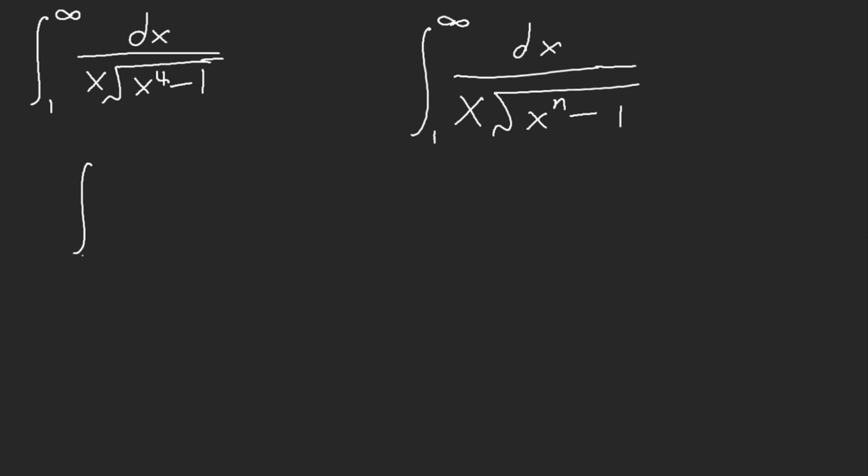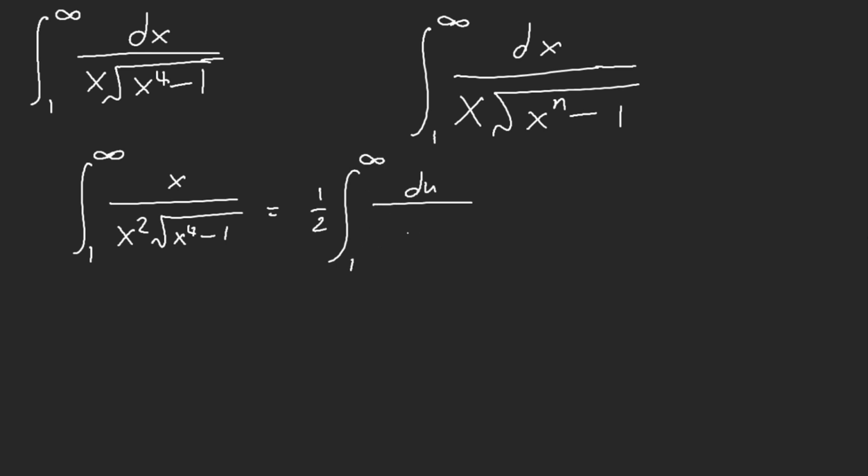So usually, you can actually let, let's say, u equal x squared, and this becomes a half of the integral from 1 to infinity of du over u squared... Oh, would you look at that?